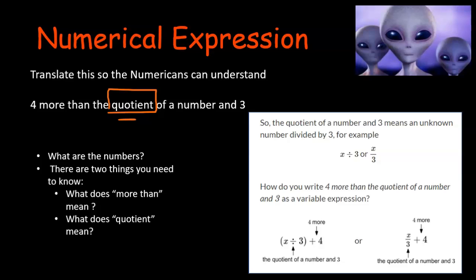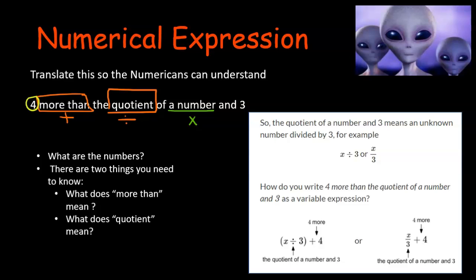So I believe that means divide. Here's another clue word. More than. Could that mean add? And then, oh look, of a number, there's our variable. We're going to call it x. And then we're just going to go ahead and circle our numbers.